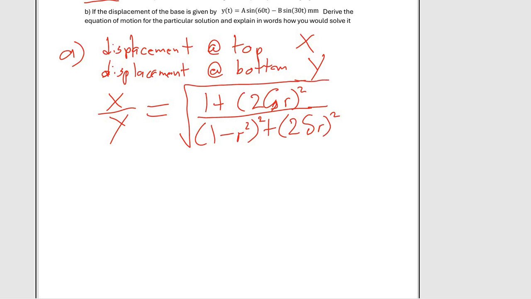Okay, so this is based on the theory that we have learned so far about transmissibility. So like I've said, this is the transmissibility, right?